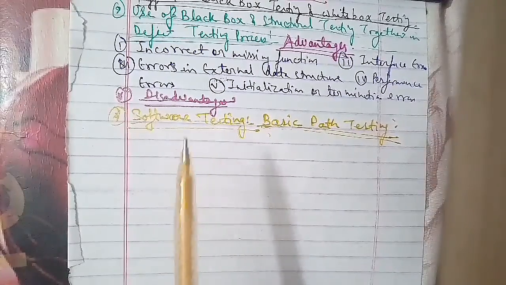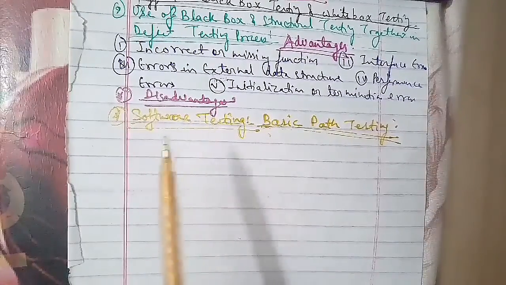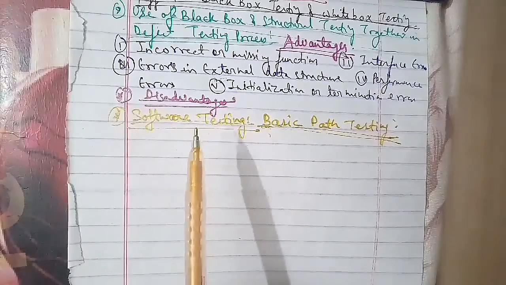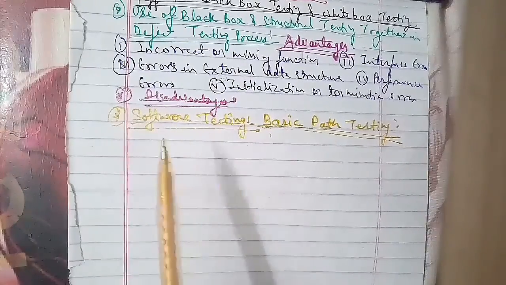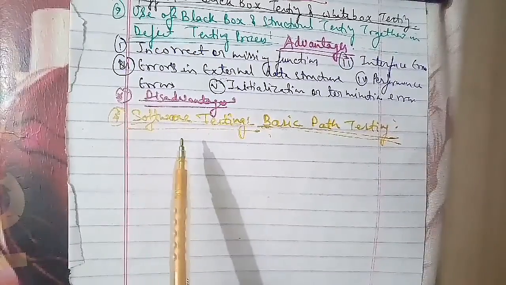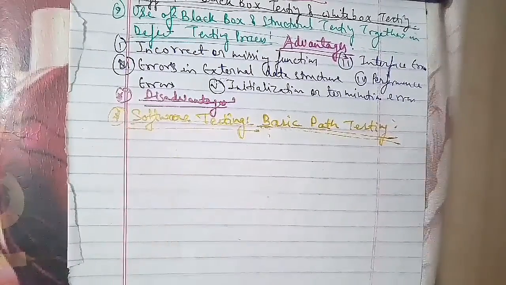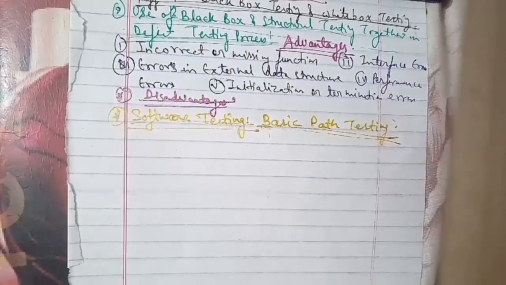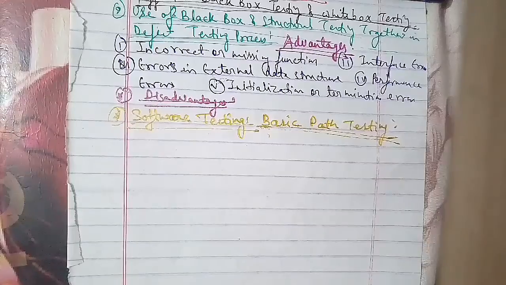A flow graph is a graphical representation of the logical control flow of the program. Such a graph consists of circles called flow graph nodes, which represent one or more procedural statements, and arrows called edges or links, which represent the control flow. The areas bounded by the nodes and edges are called regions.